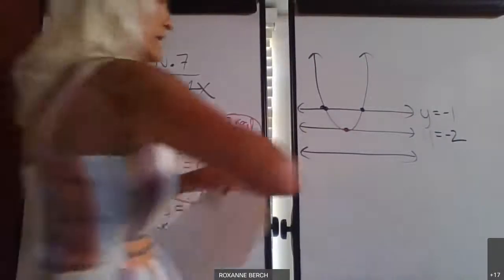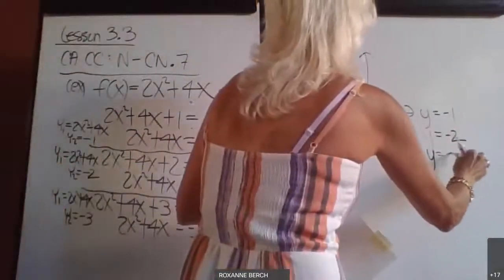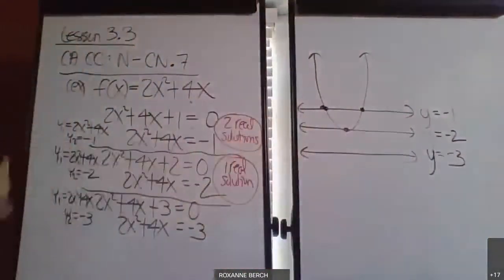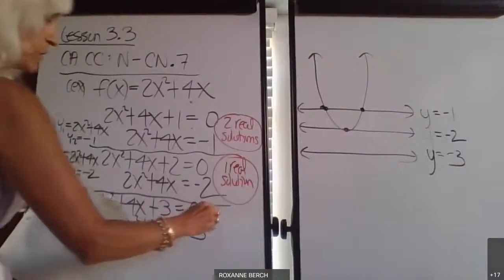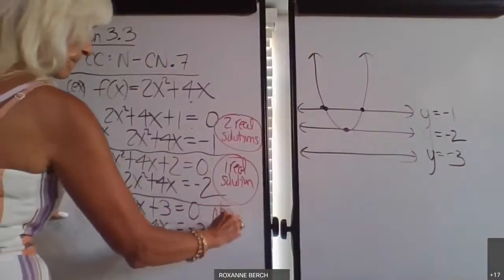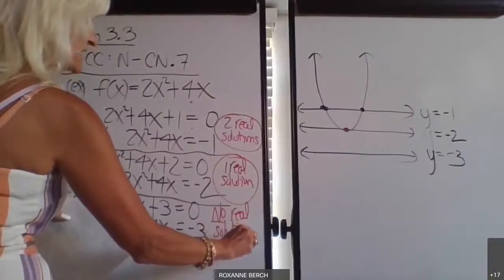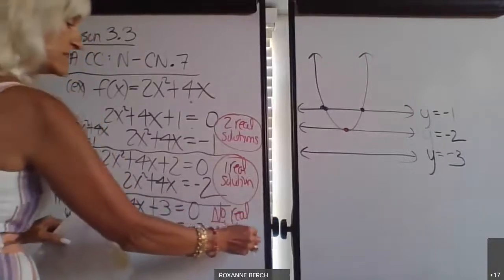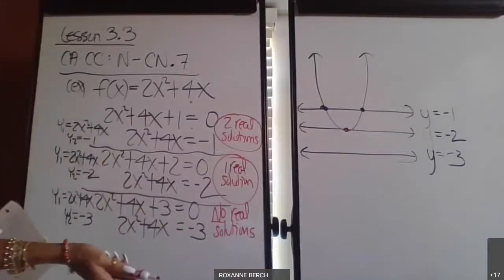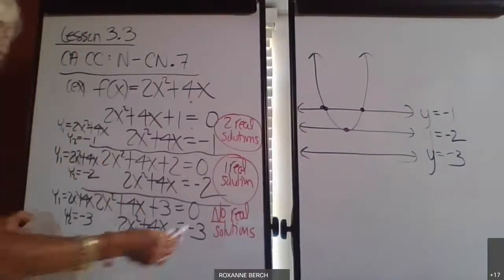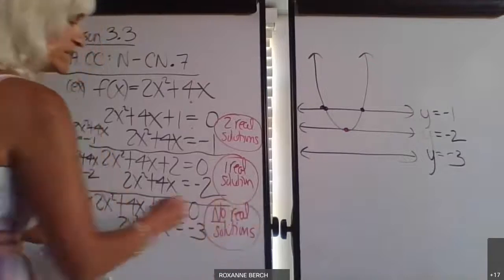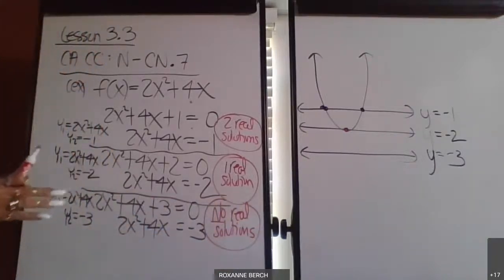And finally, this is y equals negative 3, and it's missing the graph completely, which means there's no real solutions. Now, they're going to say this a bunch of different ways. They could say no real solutions. They could say 2 non-real solutions. They could say 2 imaginary solutions. But regardless, it's no real solutions.